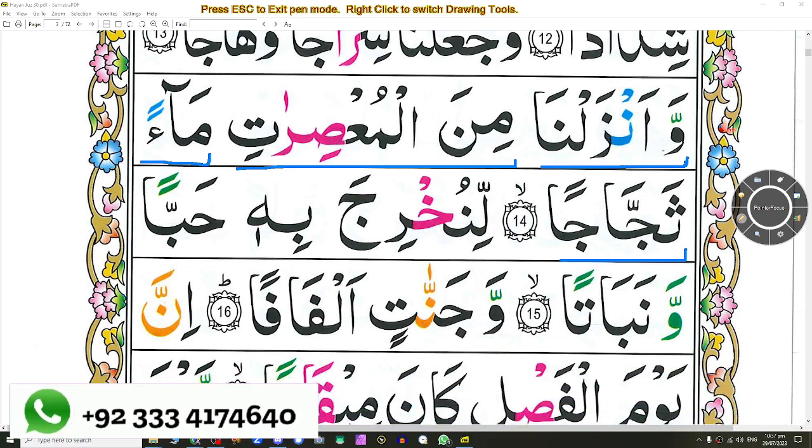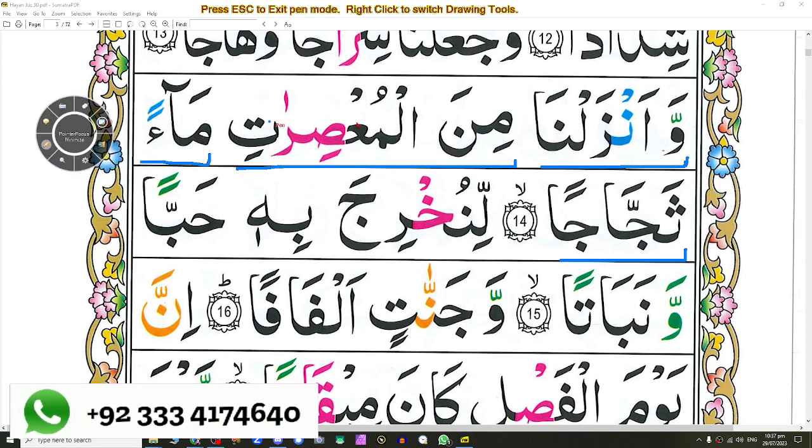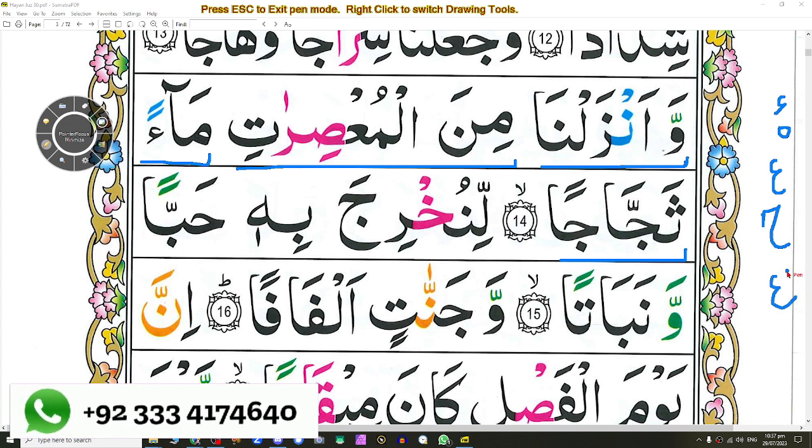All right, young man. Now you have to keep it in mind. Repeat after me the statement. If noon has a sukoon on it, and the next letter does not belong to the throat letters, and the throat letters are those letters which come from the throat, that is Hamza, Ha, Ain, Ha, Ghain, Kha.